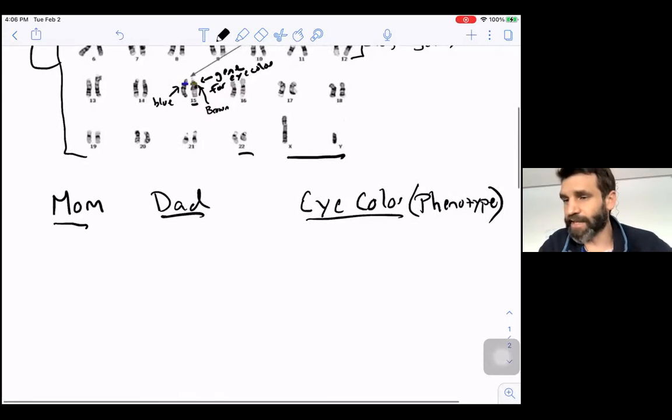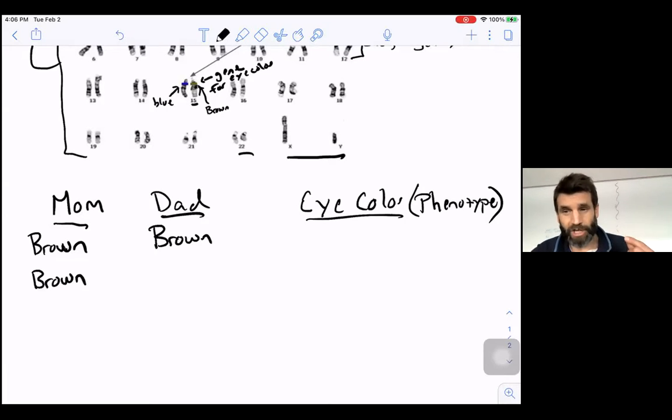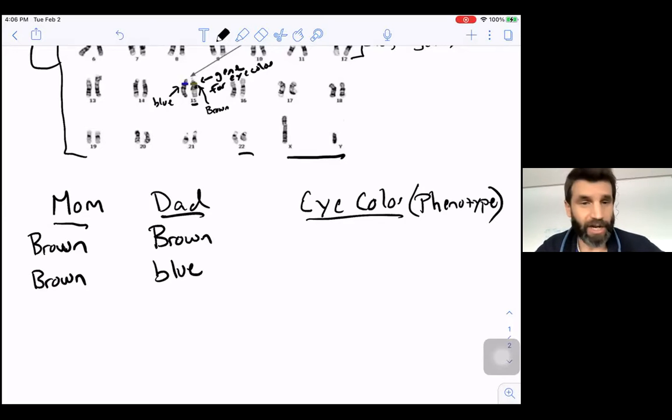So what we could say is, well, maybe we got the version of brown eyes from our mom and the version of brown eyes from our dad. Or we could have gotten a version of the brown eye gene from our mom, and a version of the blue eye gene from our dad.